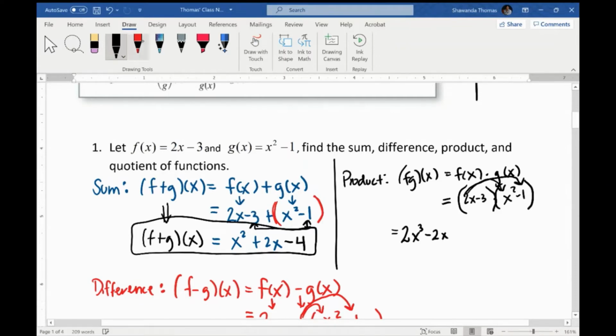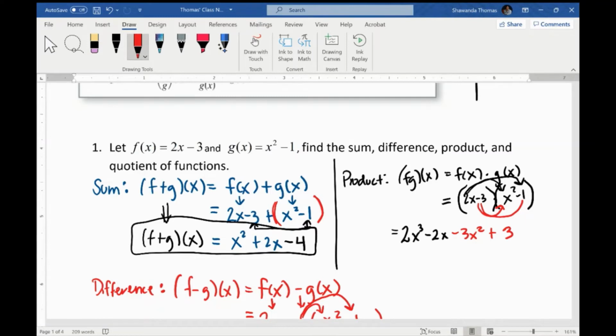And then we're going to go to negative 3 now and multiply negative 3 times x squared. Negative 3x squared. And then what else? 3, because a negative times negative is positive. All right. We're doing good.